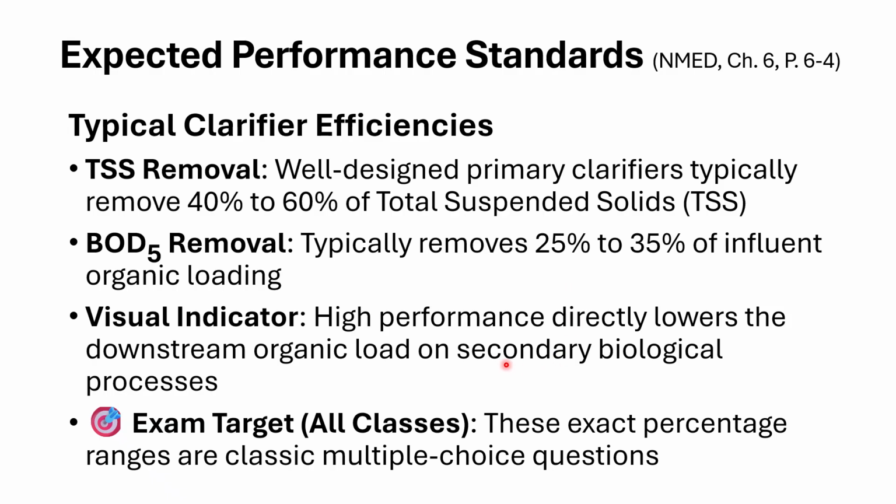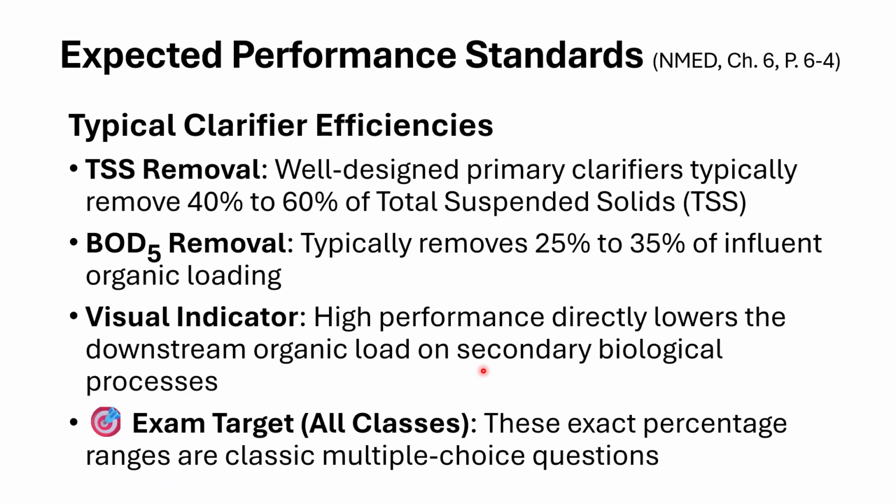And you'll also have a visual indicator here. If the clarifier is performing really well, you're going to be able to visibly see the reduction in the downstream organic load, or the clarity of that effluent, in the secondary biological processes. You're going to notice that it's a lot less murky or brownish or grayish colored.